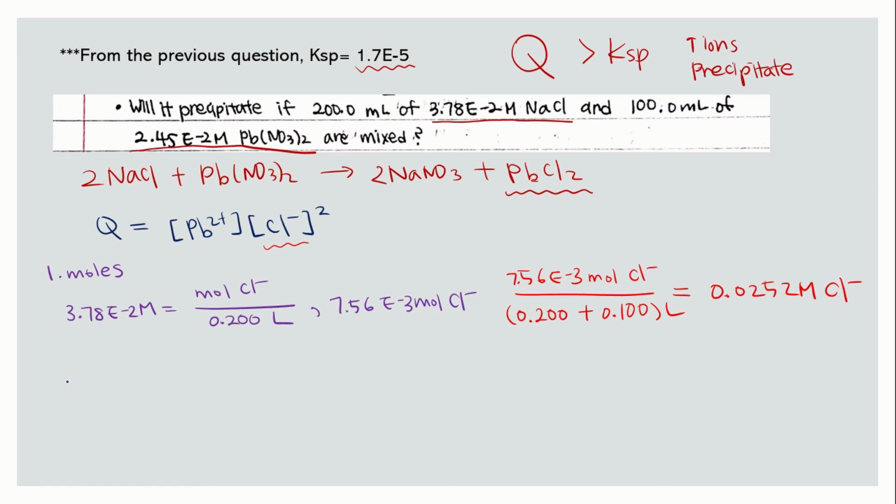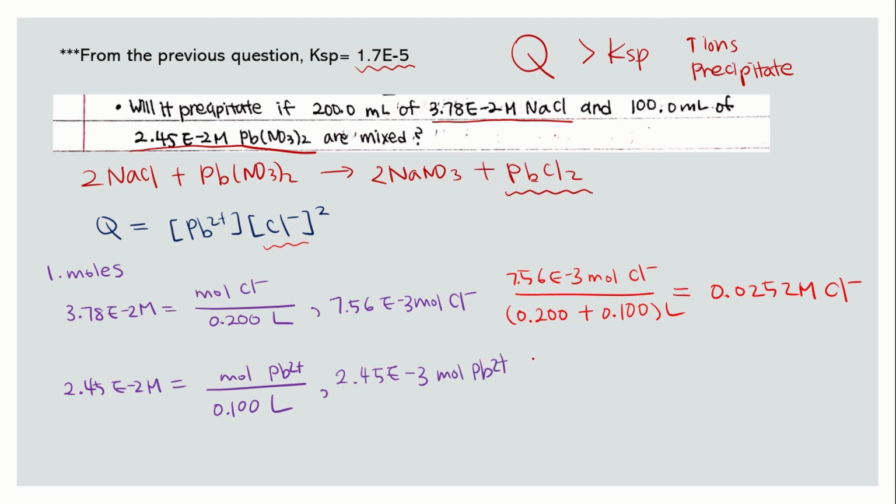So you had 2.45 E negative 2 molar lead ions in 0.100 liter solution. And by multiplying these two, you get 2.45 E negative 3 moles Pb2+.